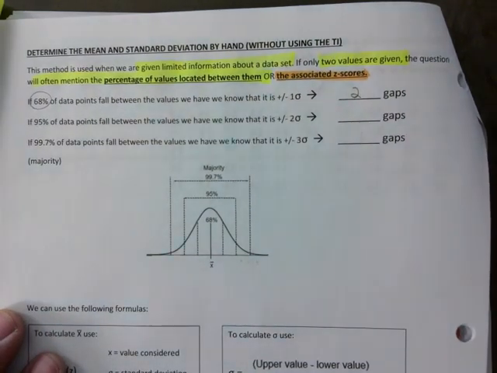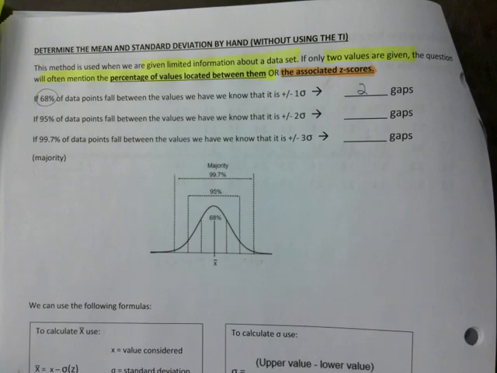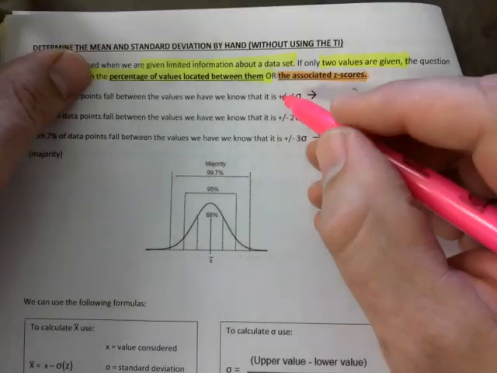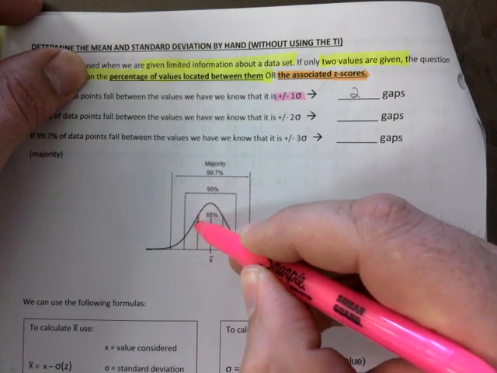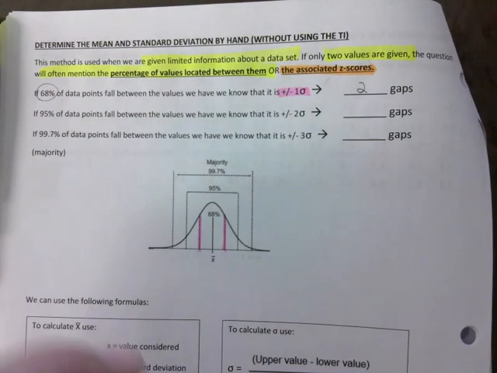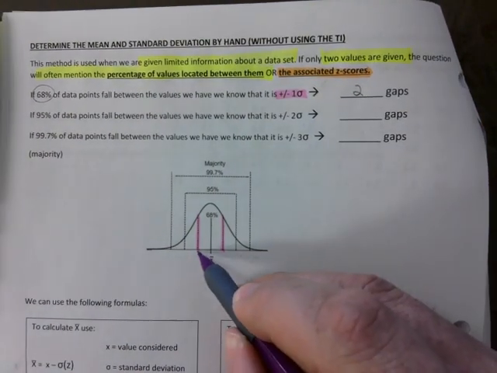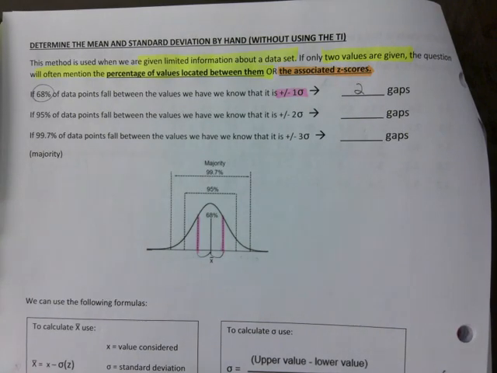You're maybe wondering, two gaps, what's up with that? Well, look at this. Plus or minus one standard deviation. If this is the mean, it takes you from here to there. How many gaps do you have? If you count from here to there, it's 1, 2. That's why I came up with two gaps.